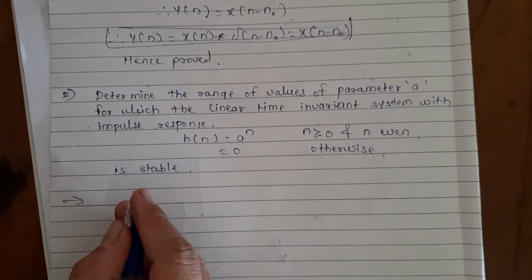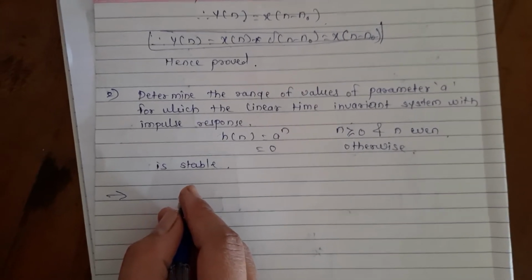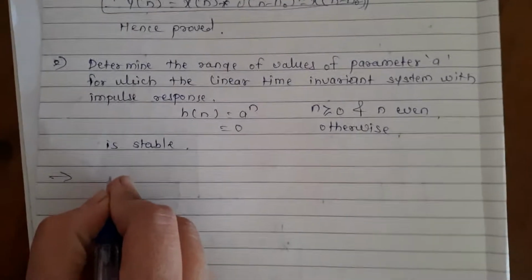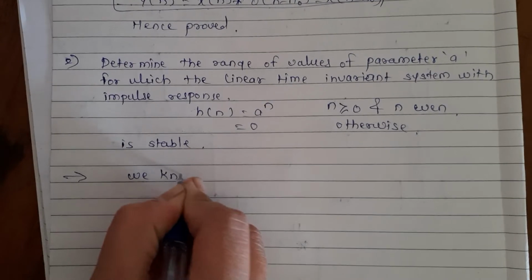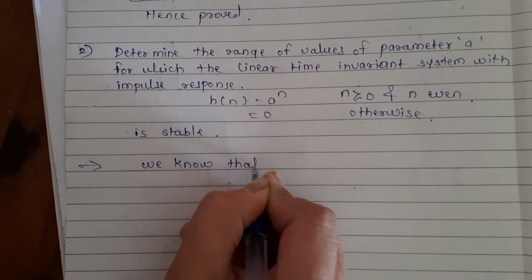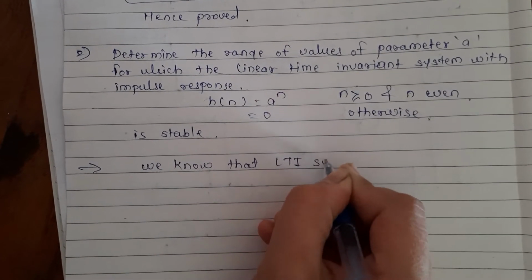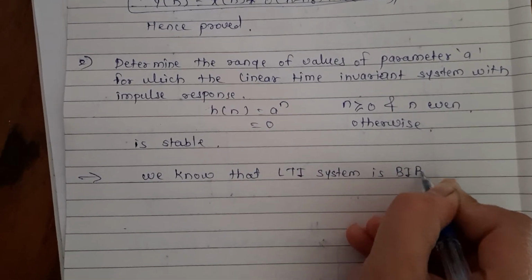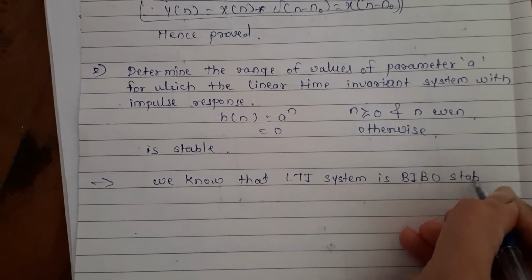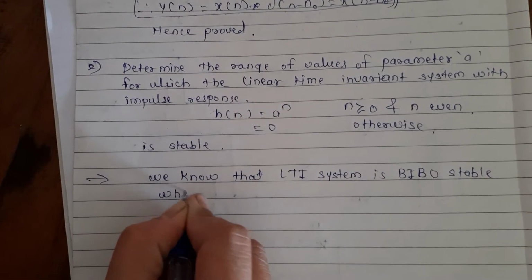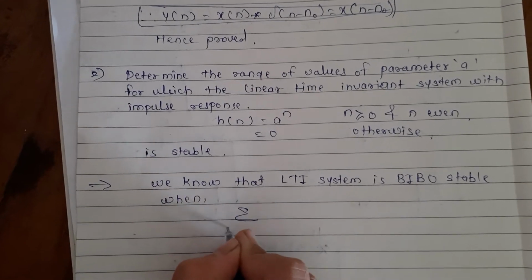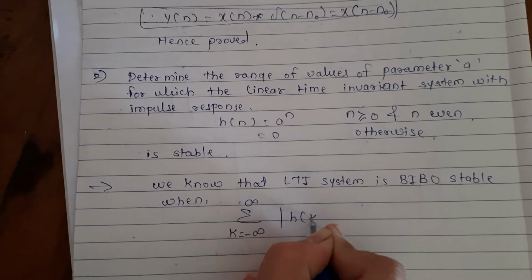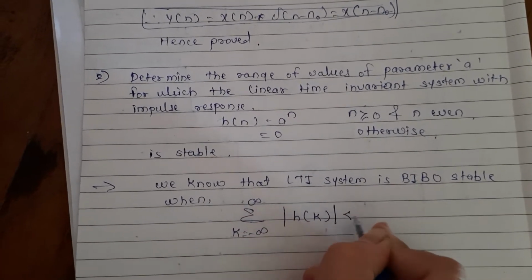So we know that an LTI system is stable when the summation, k goes from minus infinity to infinity, of the magnitude of h of k is less than infinity.